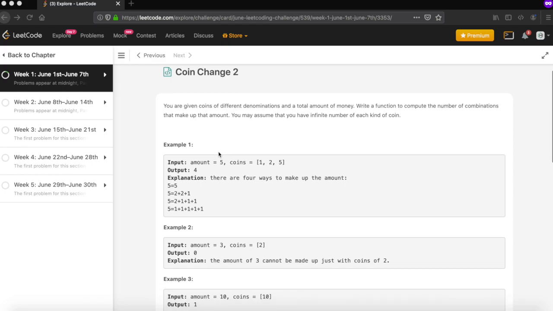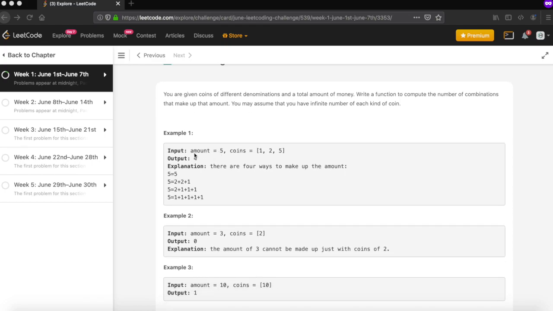So let's understand it with an example. We have a given amount of 5, coin denominations 1, 2 and 5, so the output is 4. There are a total of 4 ways to make up this amount 5. Now let's see what combinations are present in this output. For 5, one way is to use one coin of denomination 5.